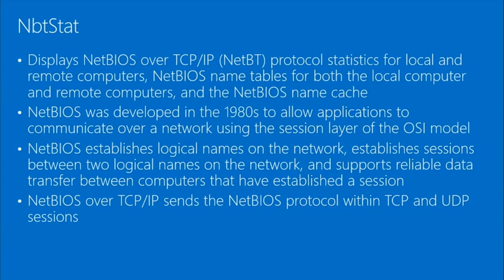Basically, NetBIOS allowed computers to have names similar to DNS, but before Microsoft really implemented DNS. This is when Microsoft used NetBEUI as one of their default protocols. NetBIOS was the naming scheme that was used. And NetBIOS tended to only work on local computers. nbtstat displayed this NetBIOS information.